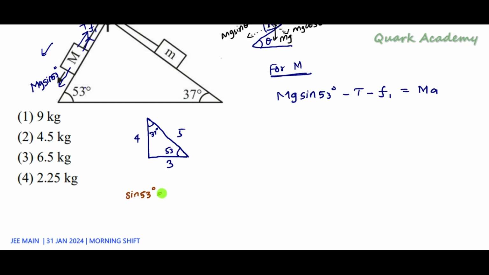Sine 53 is equal to opposite by hypotenuse, 4 by 5. Cos 53 is equal to 3 by 5. Sine 37 equal to 3 by 5. And cos 37 equal to 4 by 5. Just based on this triangle, we can write it.